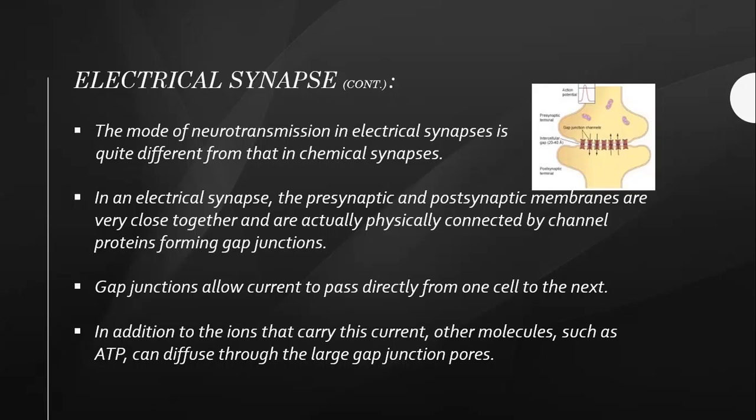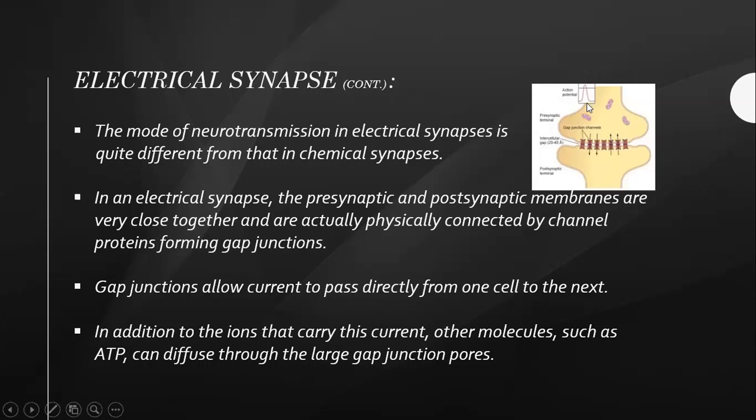Like the currents, what we were talking about here are the ion currents, where there occurs an exchange of ions between the presynaptic and postsynaptic neurons. In addition to these ions that carry this current, other molecules such as ATP can also diffuse through these large gap junction pores.